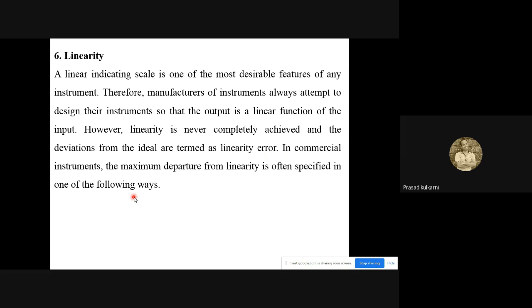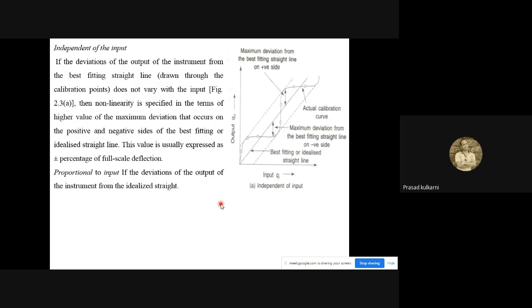In commercial instruments, the maximum departure from linearity is often specified in one of the following ways. Now we will see the diagram, actually independent of the input.